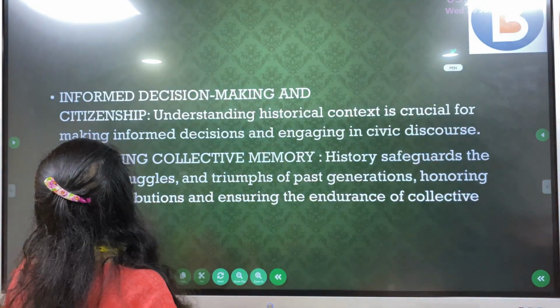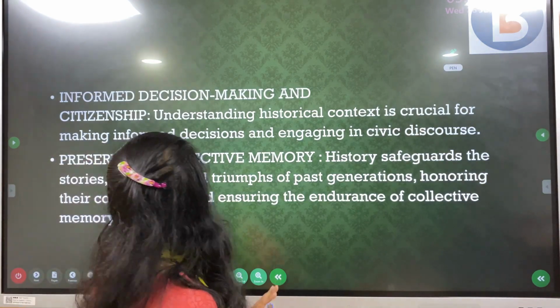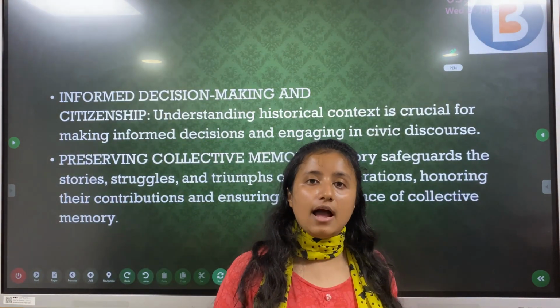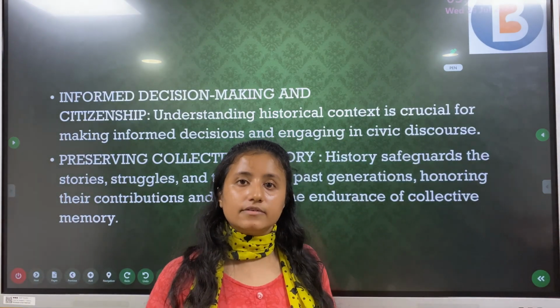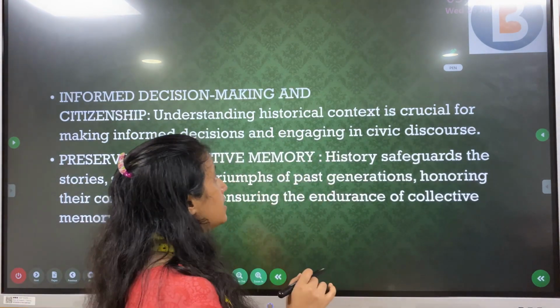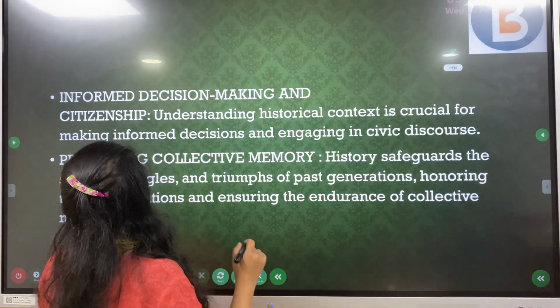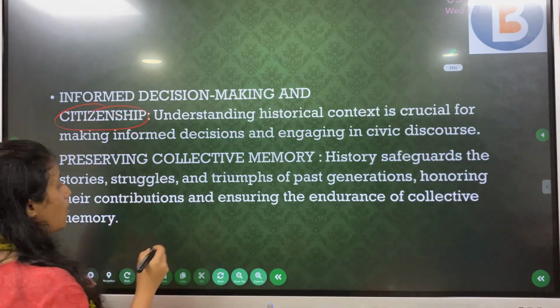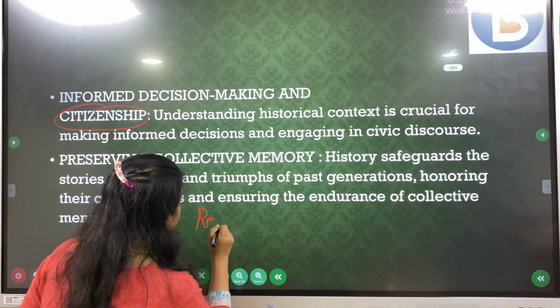Next. So, informed decision making and citizenship. We already learned that history helps us in developing critical thinking skills, right? Those critical thinking skills help us in citizenship. Citizenship means responsible citizenship.